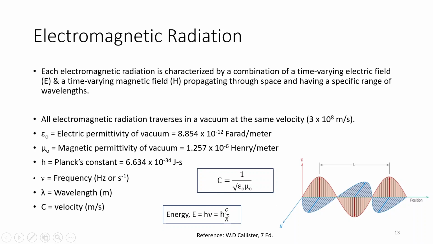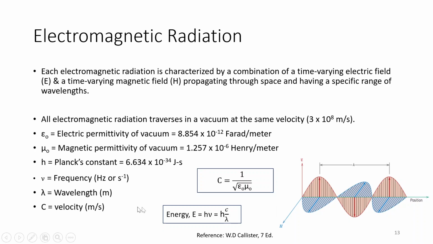So c will become nu times lambda. C will be equal to 1 upon under root epsilon naught and mu naught. Here epsilon naught is the electric permittivity of vacuum, which is a constant, and mu naught is the magnetic permeability of vacuum, also a constant, and this c is also the constant velocity of light.